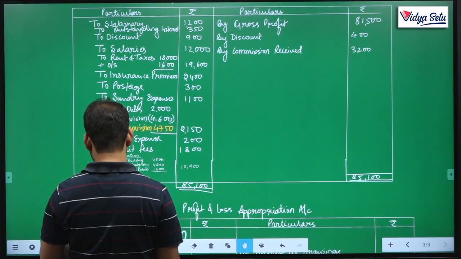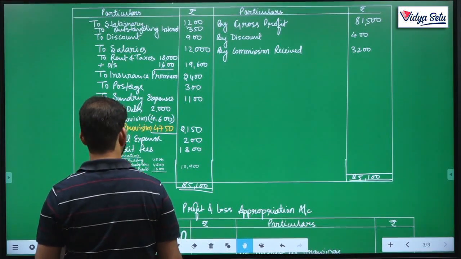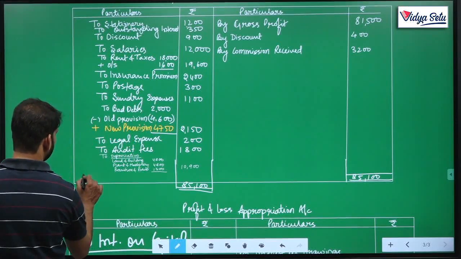Then 2,150 is accounted for, 200, 800, 350, all accounted for.